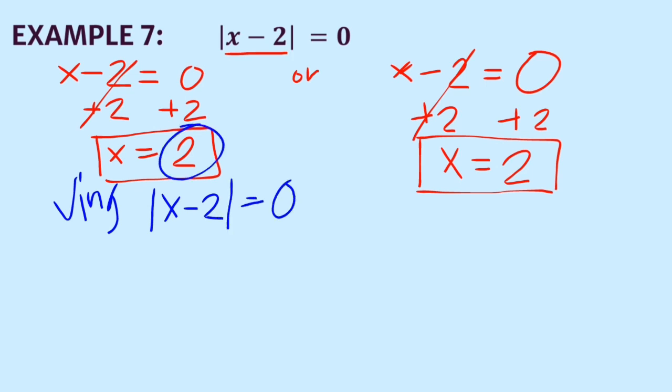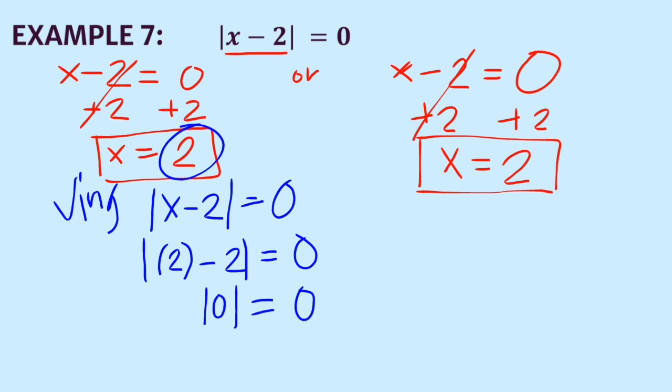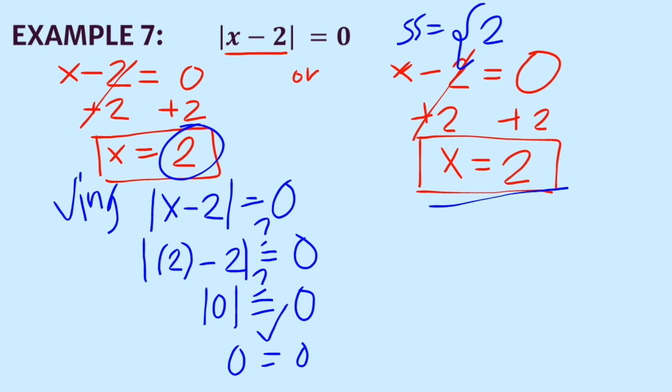Let's substitute this 2 here. So, 2 minus 2. What is 2 minus 2? It is 0. Equal or not? The absolute value of 0 is still 0 and it is equal. So our solution set is 2. I will no longer do the checking for the other one because it is still the same. So it means that 2 is also our solution set.